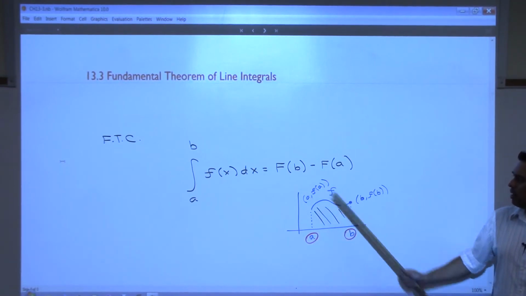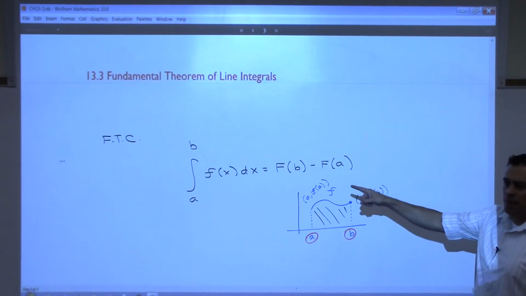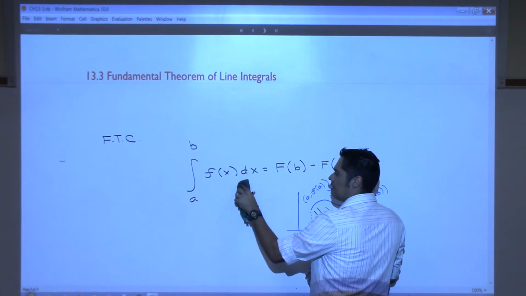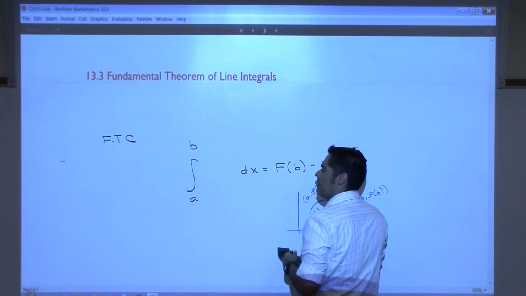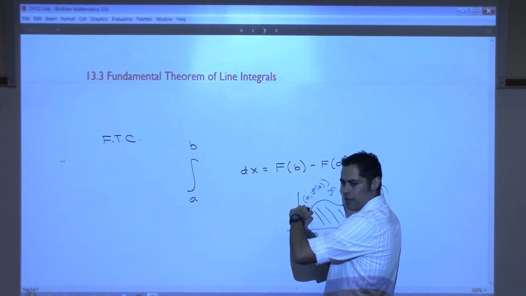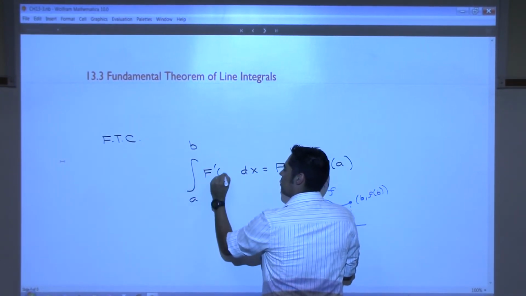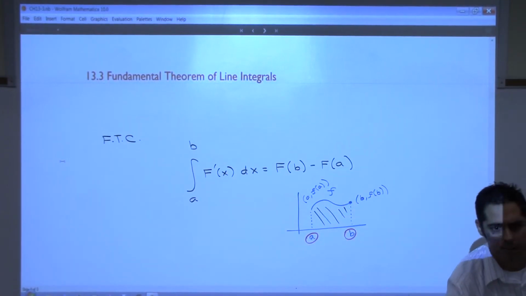Plug in b, plug in a, and we're in business. So another way I could have written this is to write the relationship between capital F and little f. Remember that capital F is the antiderivative of little f, or in other words, little f is the derivative of capital F, right? That's equivalent.